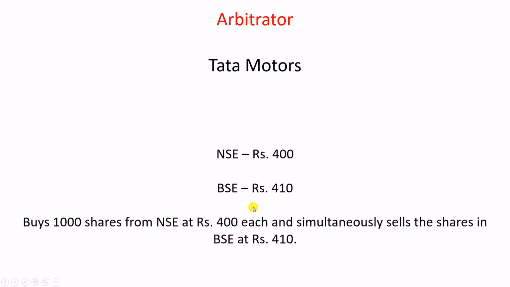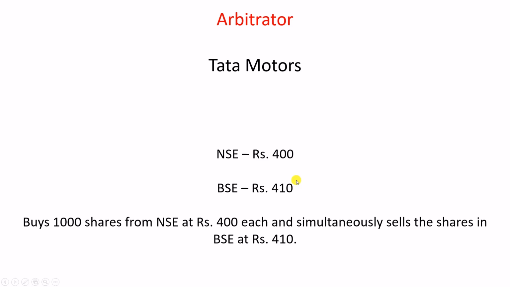For example, he buys 1000 shares from NSE, this shop, at 400 rupees each and simultaneously sells the shares in BSE at 410. So on each share he is making a profit of 10 rupees.